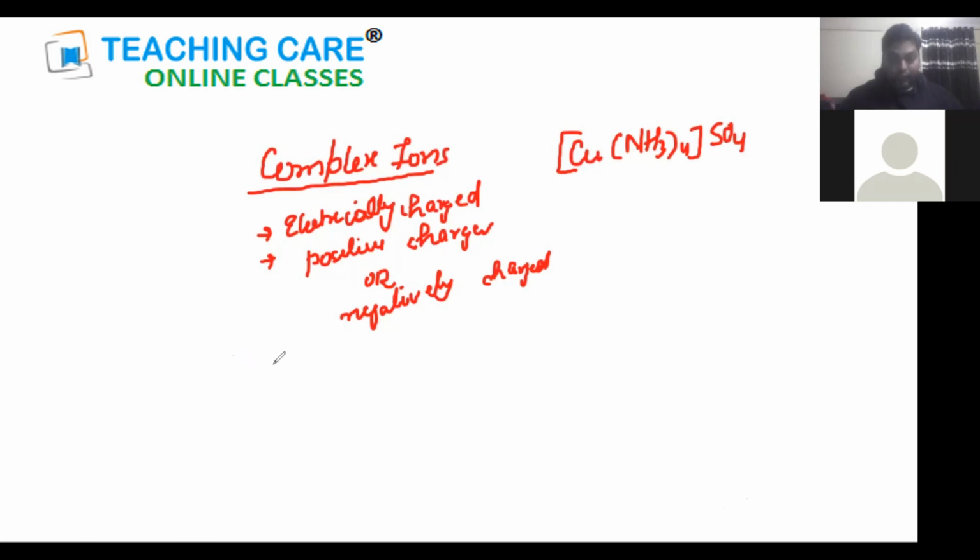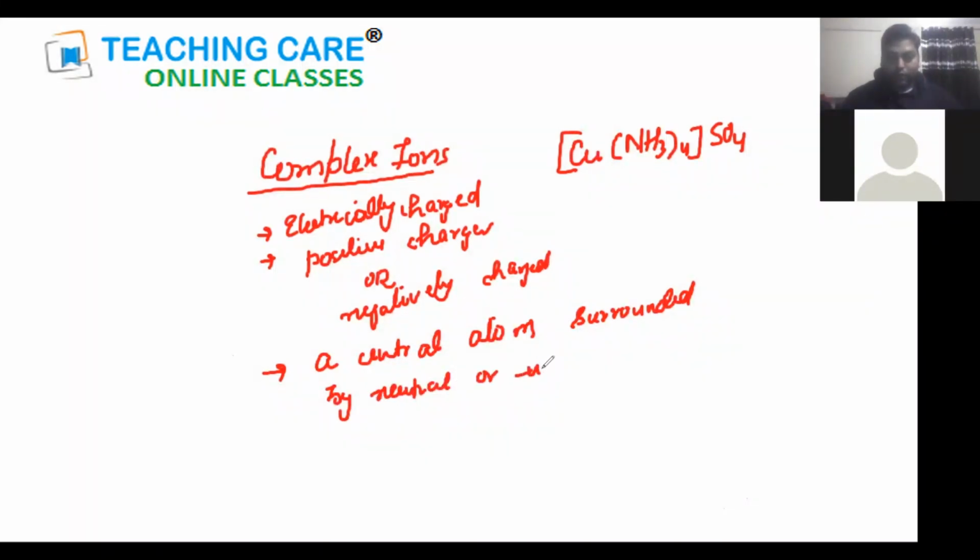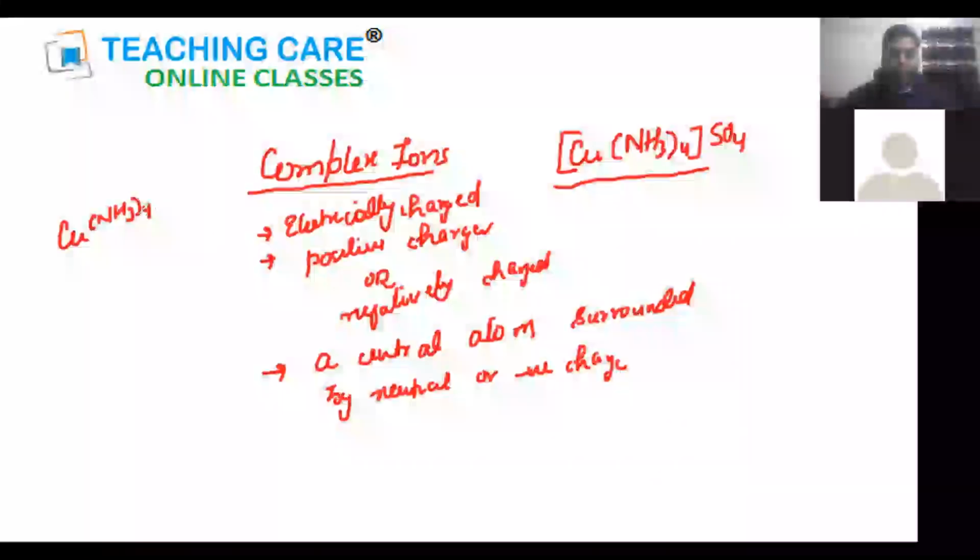In this, a central atom is there, surrounded by neutral or negatively charged species. This is the complex ion, this part of the coordination compound. So here, this part Cu(NH3)4 is a complex ion.